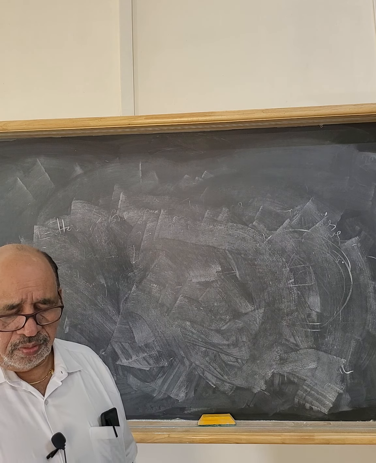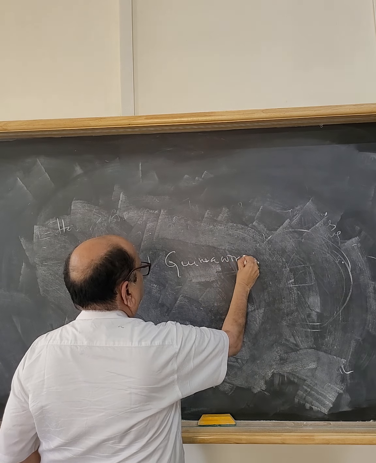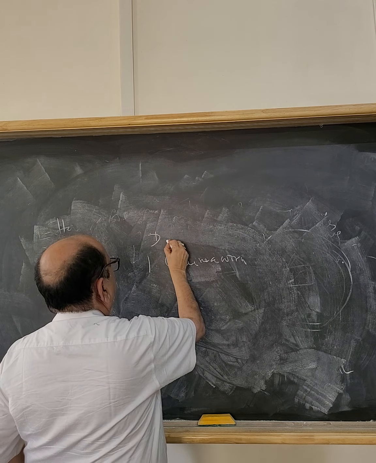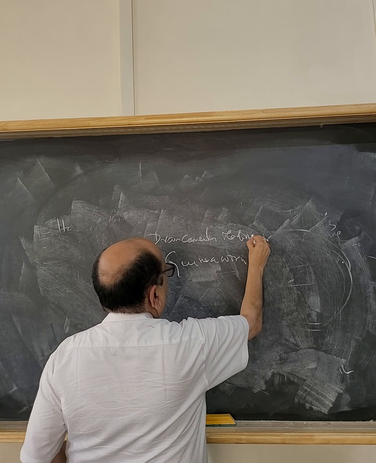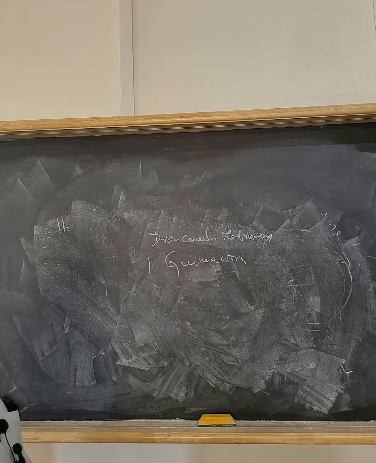Cyclops acts as an intermediate host in 2 parasitic diseases. Number 1, guinea worm, that is called Dracunculus medinensis.